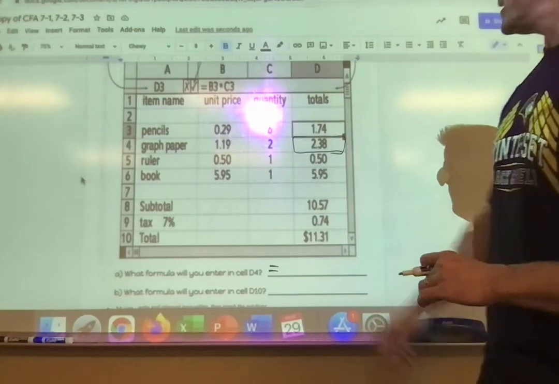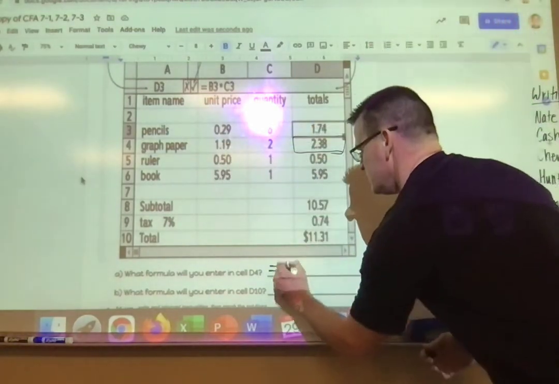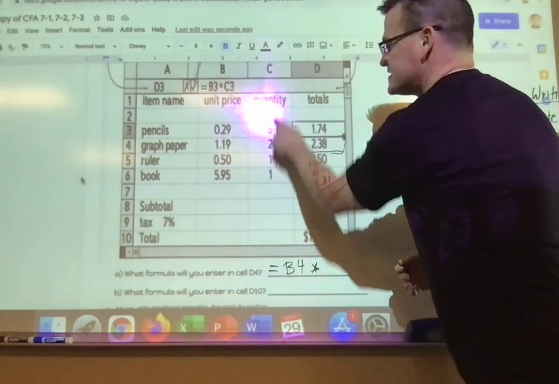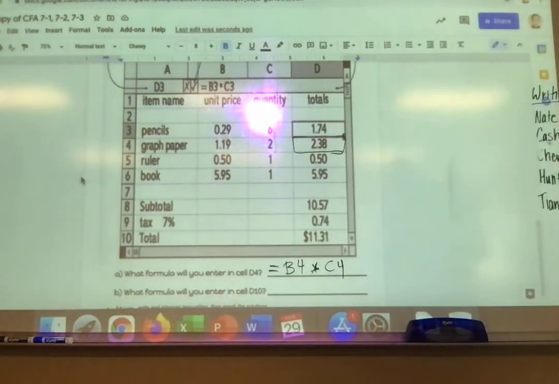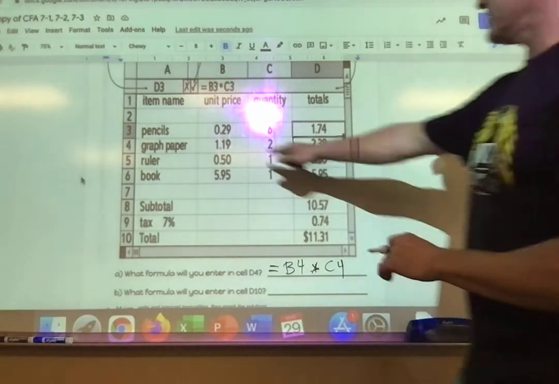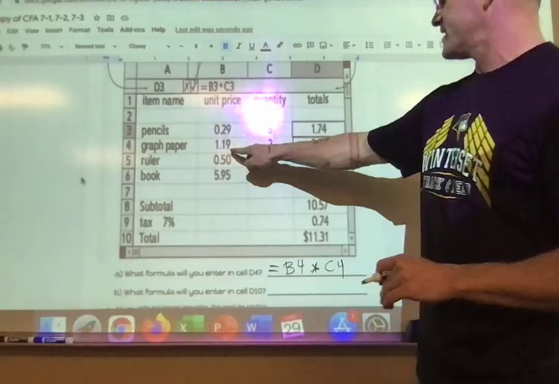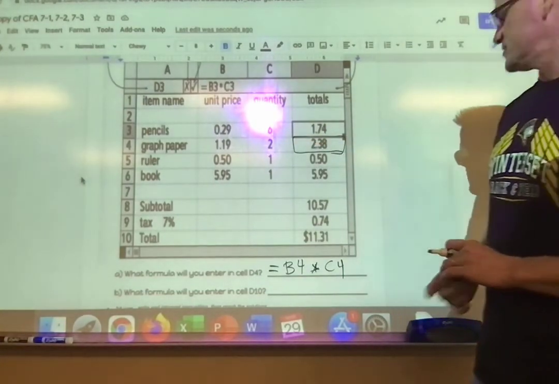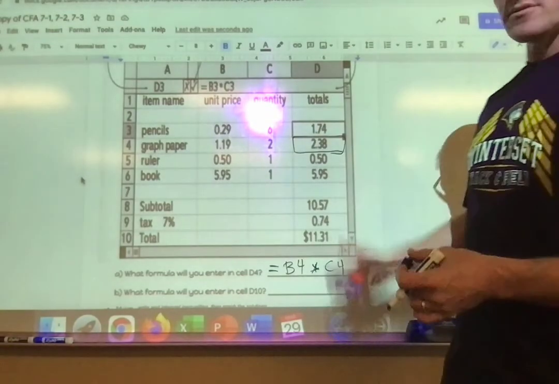So I would say whatever is in B4, and I want to take that times C4. So B4 times C4, and that's going to automatically take this cell, B4, times C4. So it'll take $1.19 times 2 and automatically calculate that's $2.38. I've told it what to do. It'll do it by itself, so I don't have to figure it out.